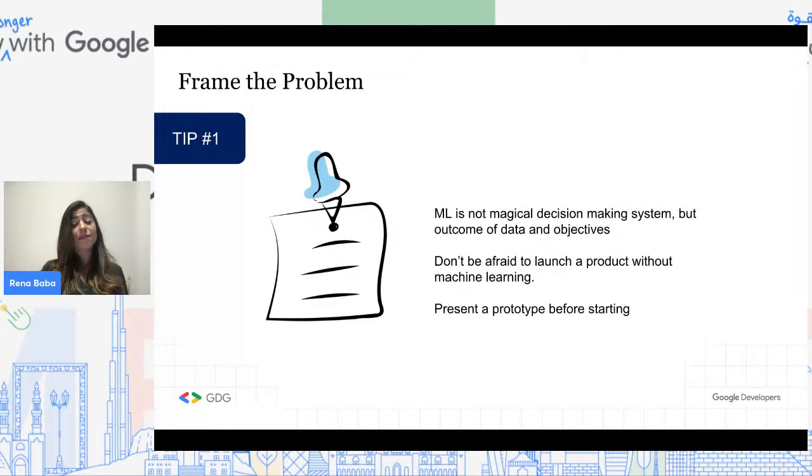The other one, which I've also faced a lot, is don't be afraid to launch a product without machine learning. So even when you're doing the first stage, which is framing the problem, sometimes you might realize that machine learning is not the answer to everything. And that's fine. Sometimes it can be very disheartening, because that's what we're passionate about. And I'm sure everyone in this community would love to try and experiment, and you might even find something boring if you don't need it, and you might just need to build an application.